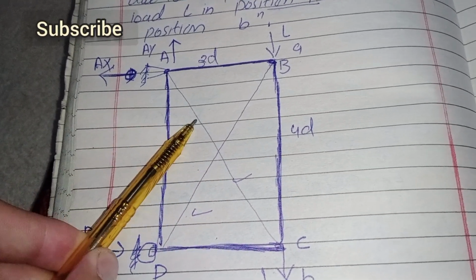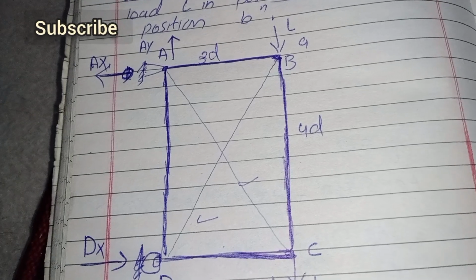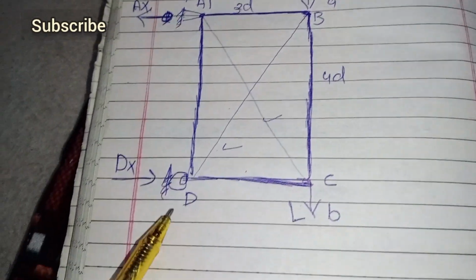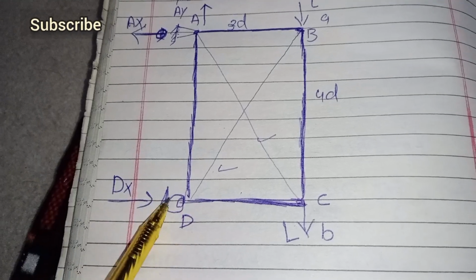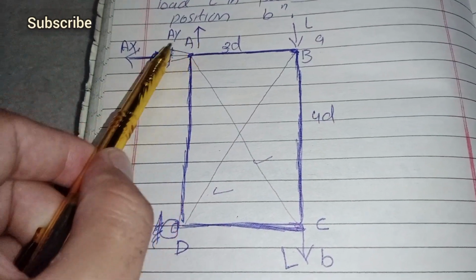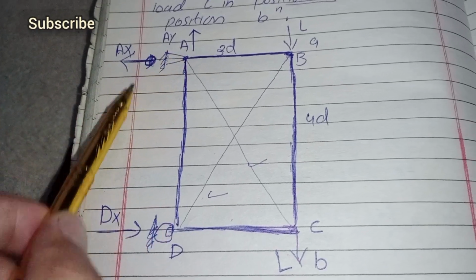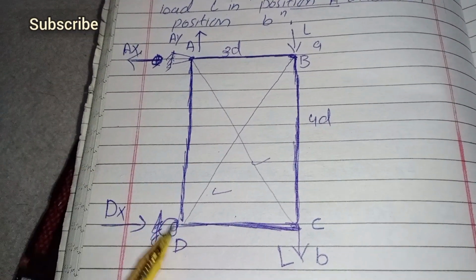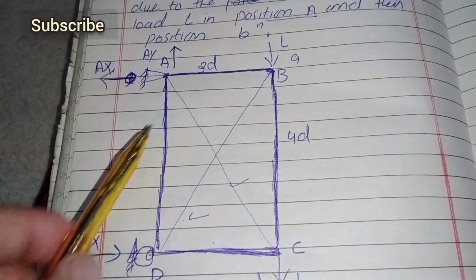You first draw a free body diagram, and you have to draw only the reaction forces. You can't draw these supports.